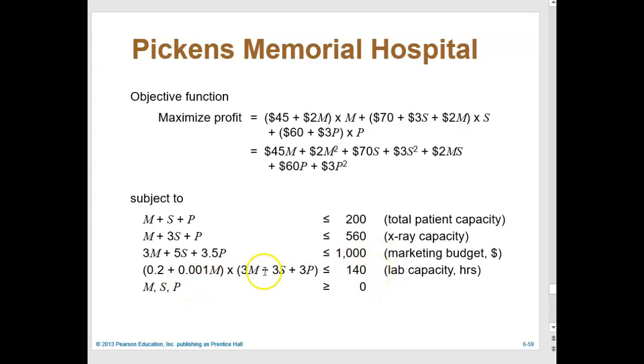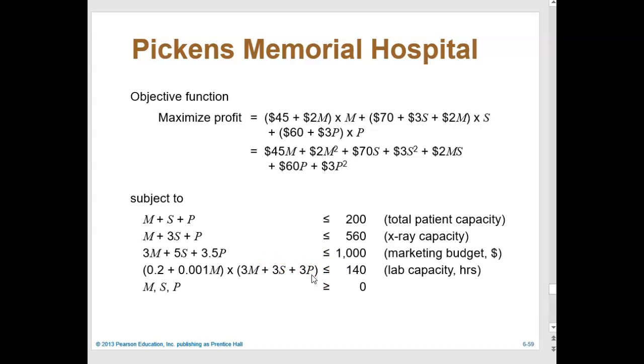And once you expand this expression, this becomes a nonlinear inequality where you will have nonlinear terms such as m square, ms, and mp due to this multiplication process. So here we have created a full model formulation for a nonlinear programming example where the objective function is nonlinear as well as one of the constraints is also nonlinear.